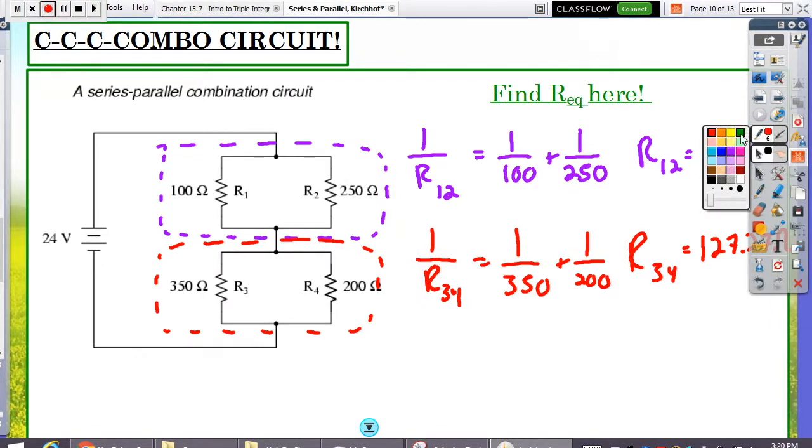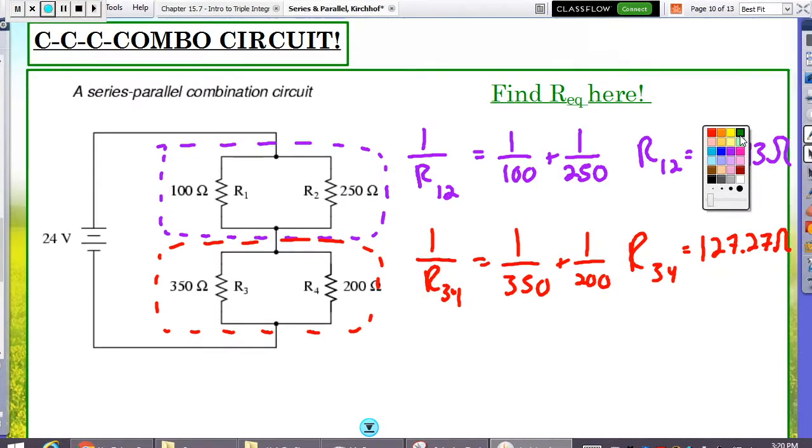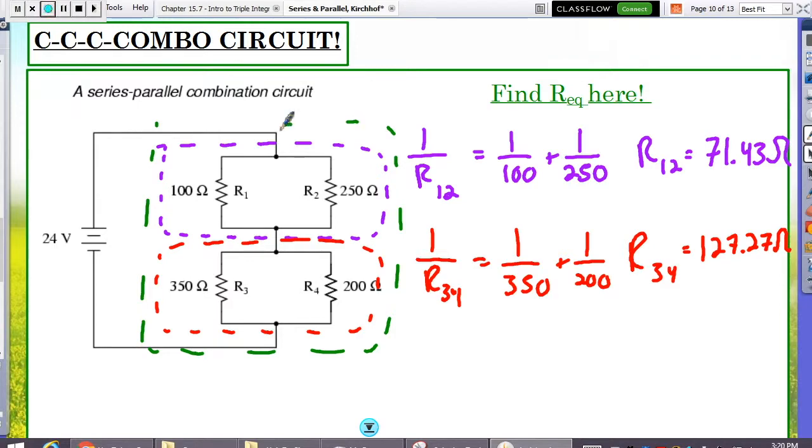And then if I want to put it all together, what do I get? I say R1234. Well, these are just in series with each other. They're two parallel chunks in series with each other. So I get to add them up, and I get 198.7 ohms for my final resistance.